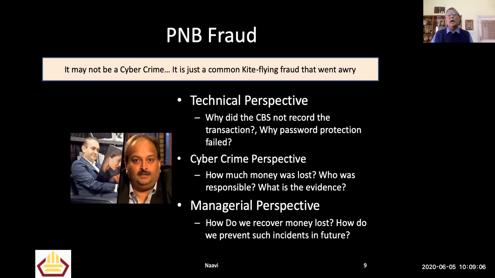So he allowed installation of the software without linking SWIFT to the CBS. Therefore, it was possible to send SWIFT messages like emails and create 11,500 crores in guarantee obligations on PNB, on which various other banks paid money. And someday this chain broke, and Nirav Modi was not able to repay.